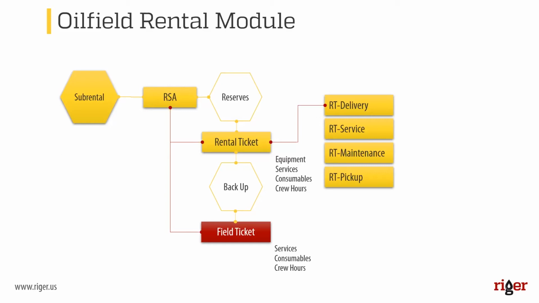Then, after the rental service agreement, we may have two modules enabled, which are reserves and backups. I'll talk a little more about each of these modules later. But generally speaking, this may be a part of the general configuration.